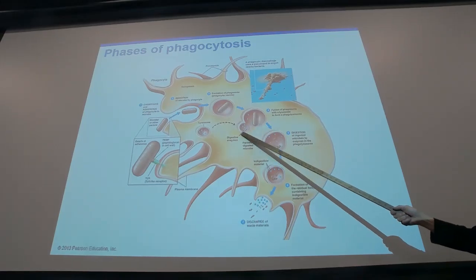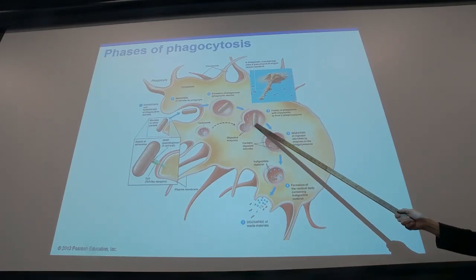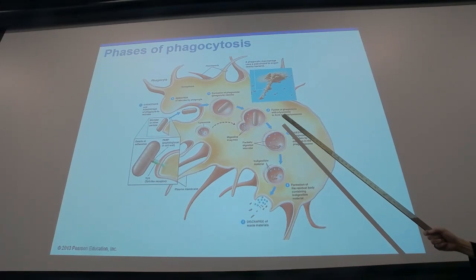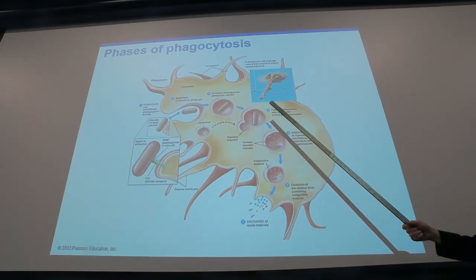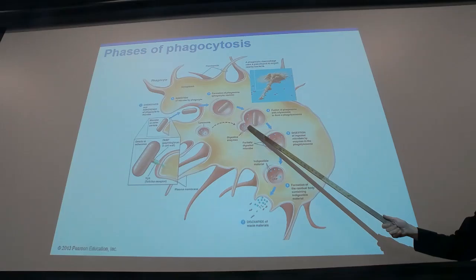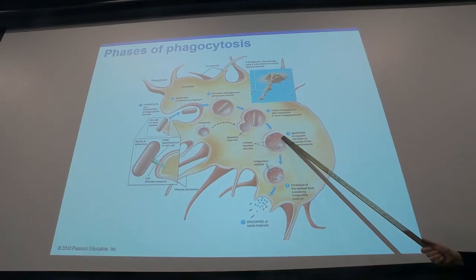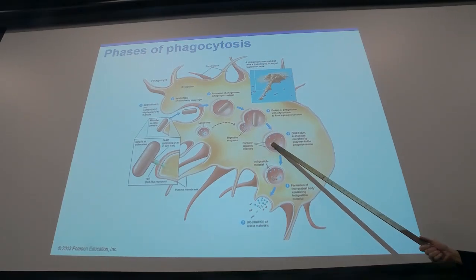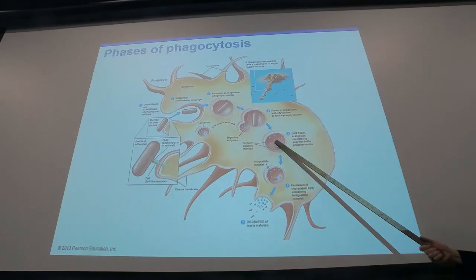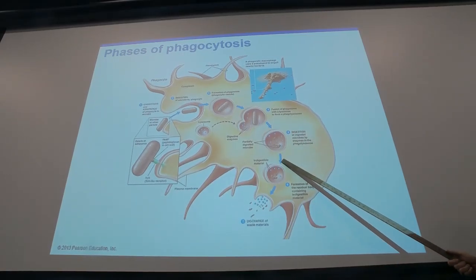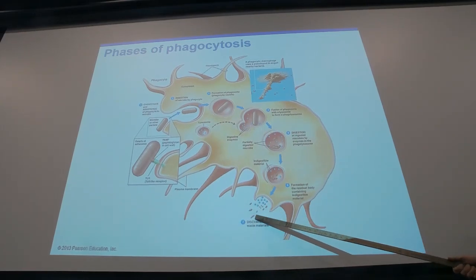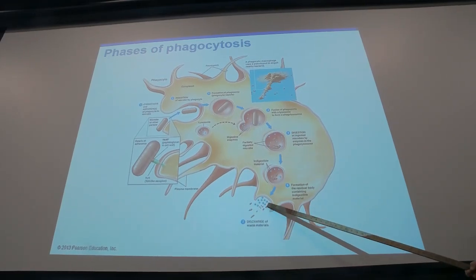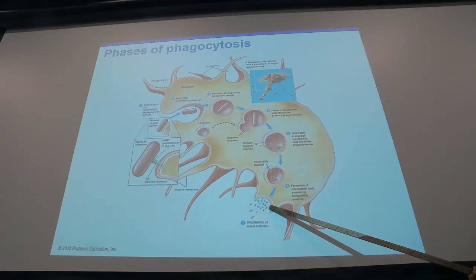So you will form what is called a phagolysosome. And it can be an early phagolysosome or late phagolysosome. As time progresses, these enzymes start breaking down these bacteria. And then you will have indigestible material that is going to be now extruded from this phagocyte through exocytosis.